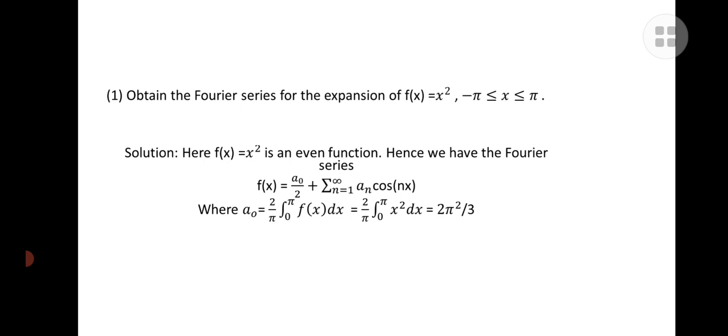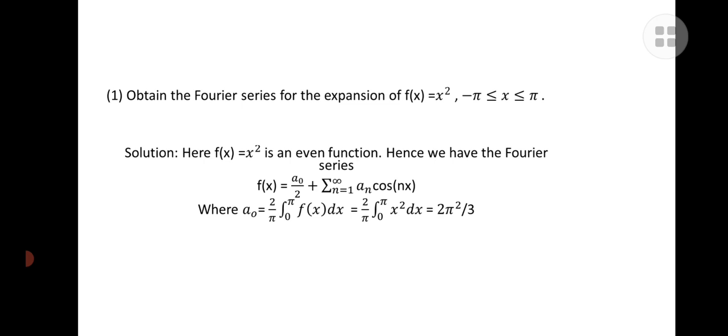In this series, the two unknowns, the Euler's or Fourier coefficients a0 and an, we can define as a0 is equal to 2 divided by pi the integral minus pi to pi f of x dx. For this f of x dx, it is equal to x square.